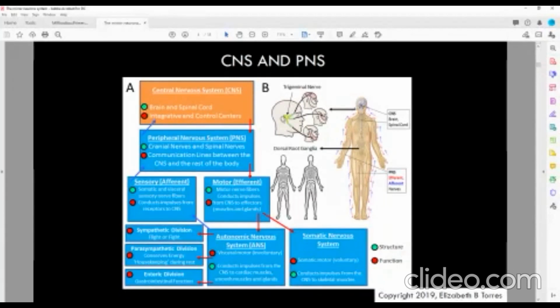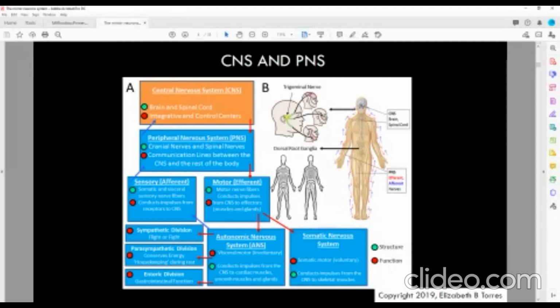So you have the central nervous system, and in green here, I'm signaling structure, and in red, function. So usually this is the neuroanatomy of the system and the neurophysiology of the system. Function is for neurophysiology, structure is for neuroanatomy. And so in terms of the central nervous system, you have the brain and the spinal cord as the structure that scaffolds our central functioning.